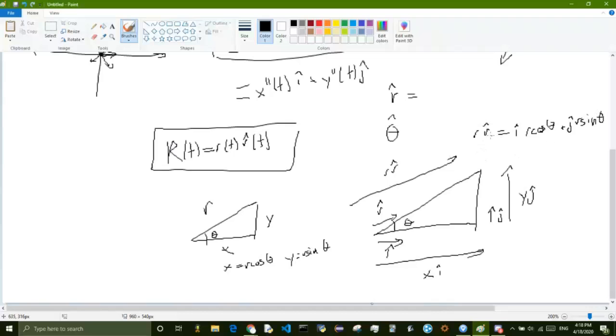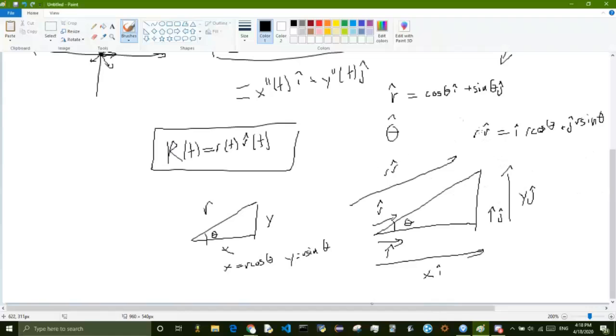Now we see a common factor of r, we can simply cancel it, and we get r hat equals cosine theta i plus sine theta j.